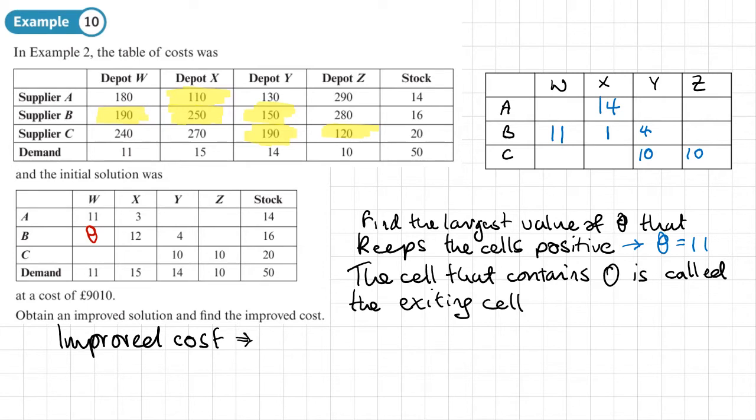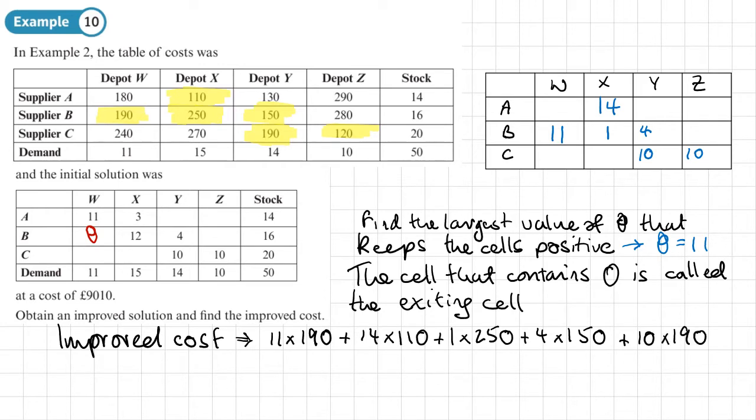So we've got 11 units at £190, plus 14 units at £110, plus 1 unit at £250, plus 4 units at £150, plus 10 units at £190, plus another 10 units at a cost of £120. And that gives us a total cost of 7,580. So I can see that's an improved cost on the previous one.